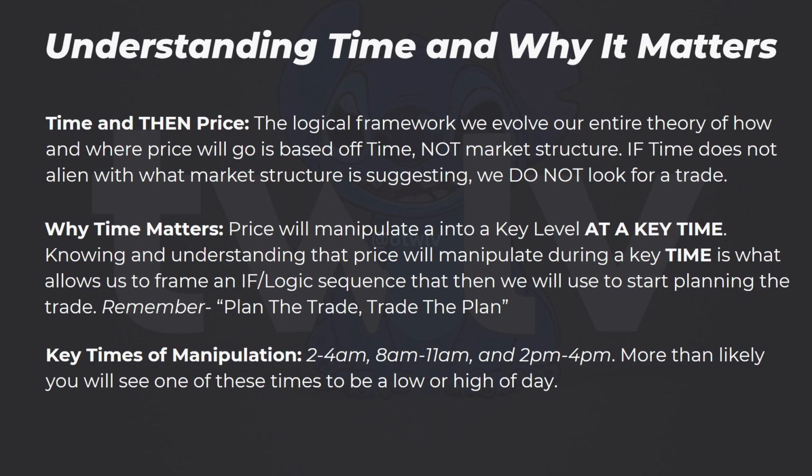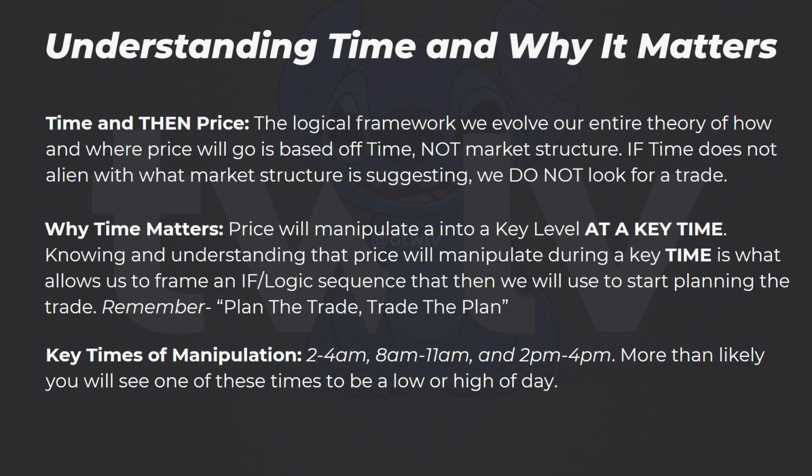Let me give you an example. If we have a fair value gap under us and we're consolidating, we would want 9:30 to open low into the fair value gap, displacing higher, because that's a key time to manipulate the swing low.